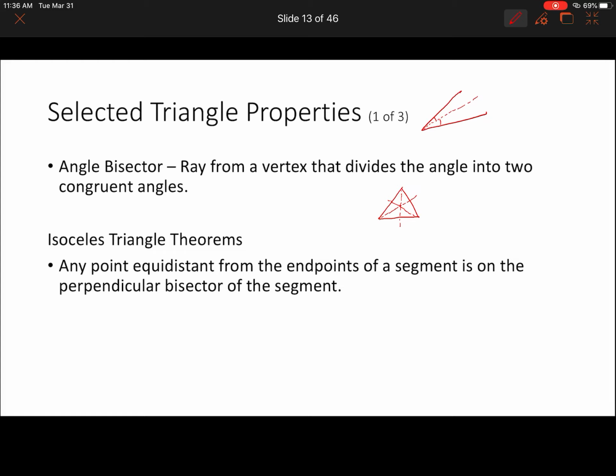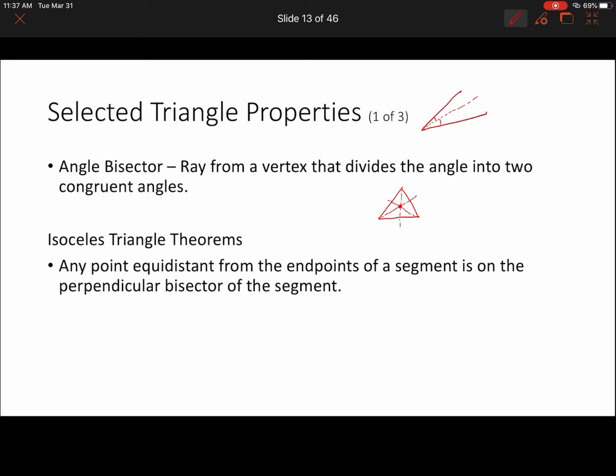So if you were to think about it in a triangle, for example, you have three angle bisectors. You've got that one, you've got this one, and then that one. And so there are some different properties that we can talk about with angle bisectors, and I'm not sure that we're going to get into all of that. As a geometry teacher in high school, this was always really fun because you could do different activities with this.